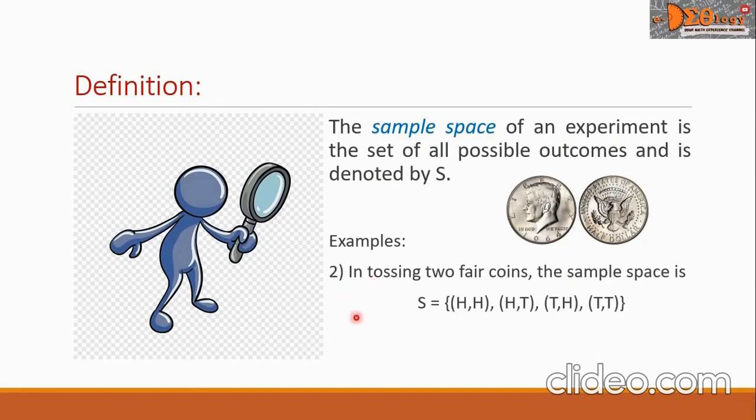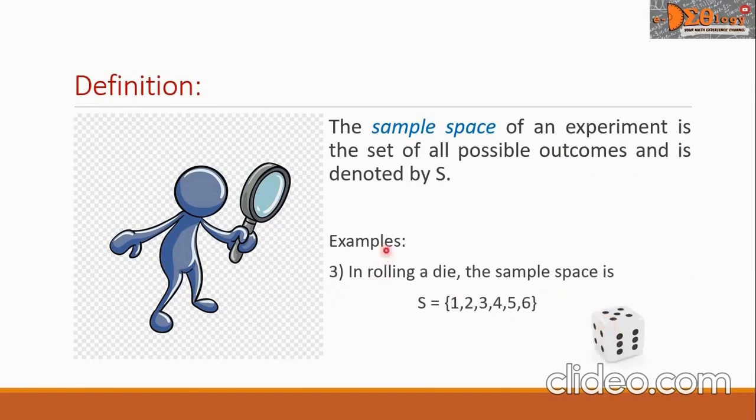Example 2, in tossing two fair coins, the sample space is S equals {HH, HT, TH, TT}.